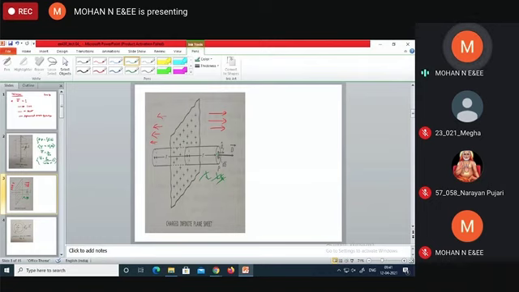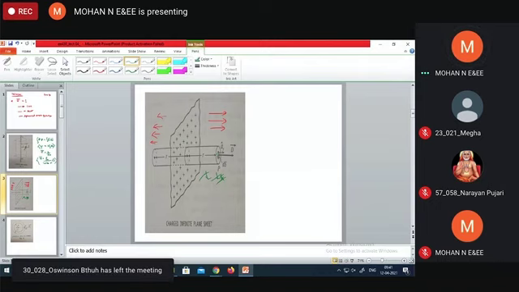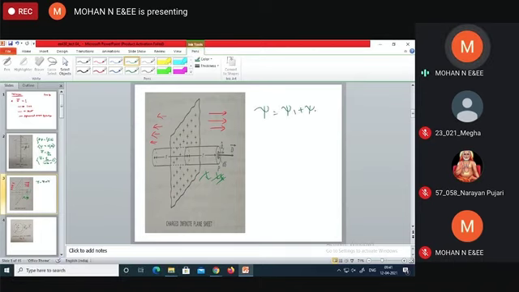So you can find the total flux. The total flux phi is equal to phi 1 plus phi 2, that is psi 1 plus psi 2 plus psi 3. You will not have flux on the curved surface, let that be psi 3. This is psi 1, and this is nothing but psi 2.